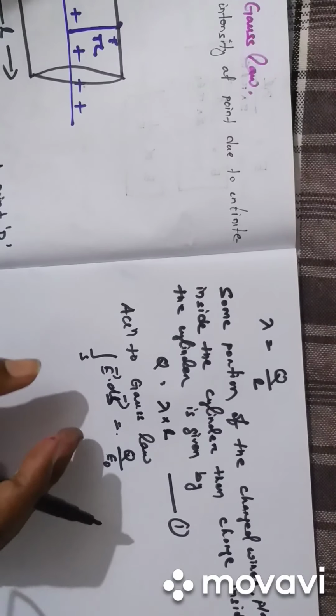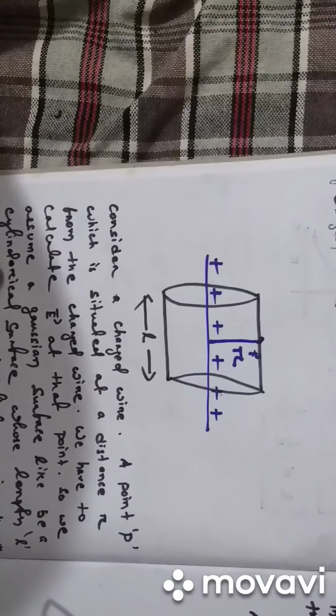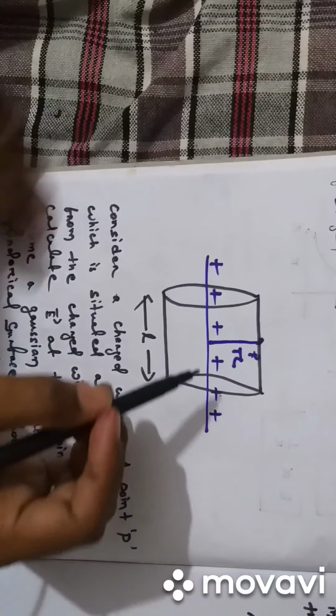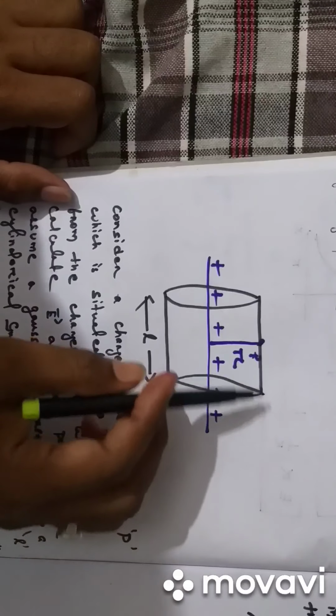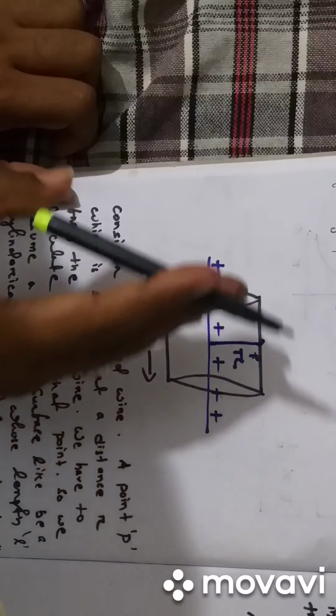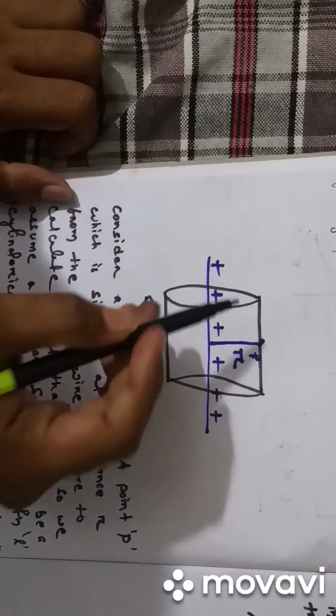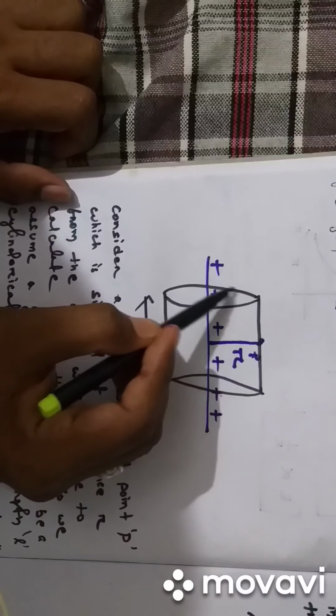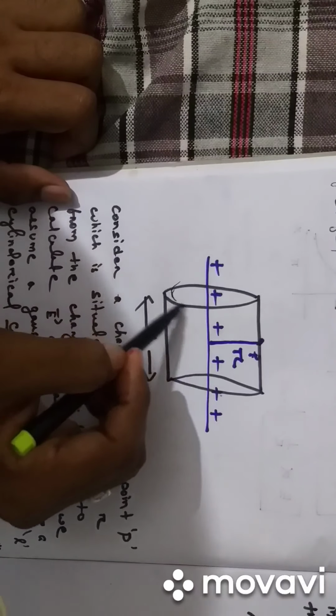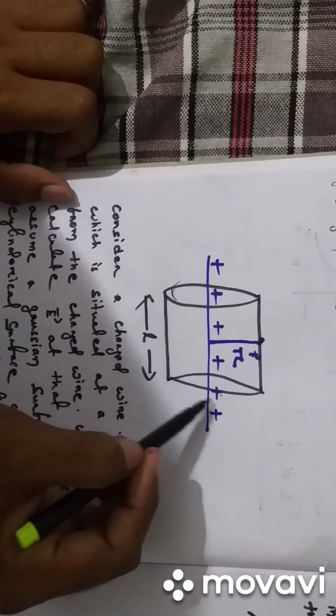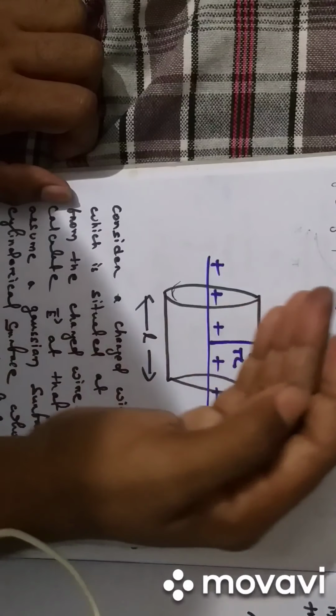So here in the above diagram, the cylinder consists of a number of segments. The first portion is area 1, the second is area 2, and the third is the curved area.